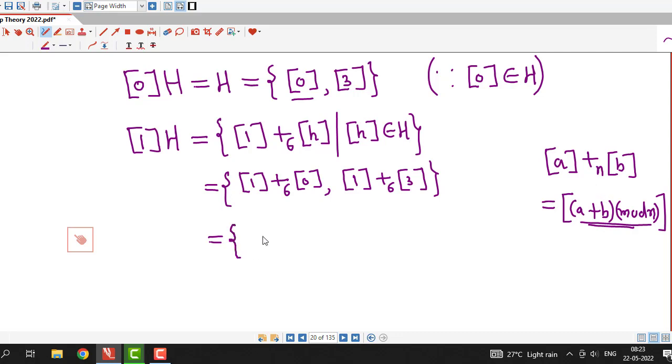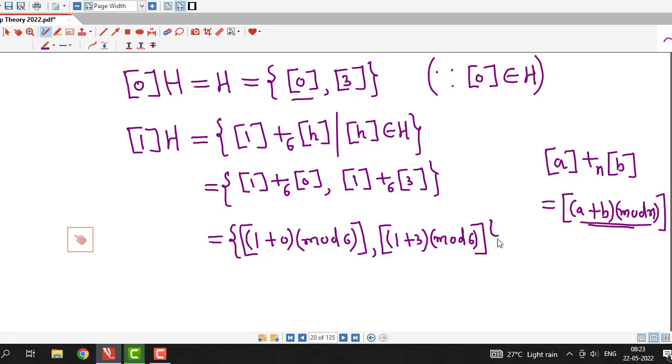So using this definition, here we will have the equivalence class generated by 1 plus 0 modulo 6, and here we have 1 plus 3 modulo 6. 1 plus 0 is 1, and the remainder when 1 is divided by 6 is 1.